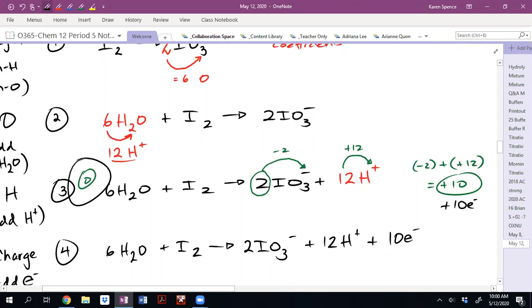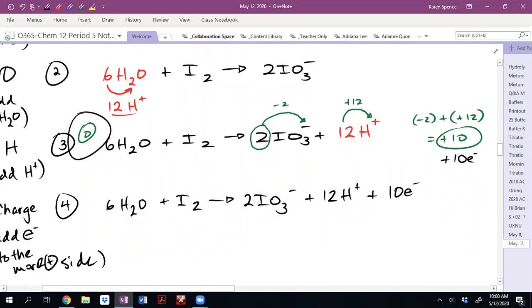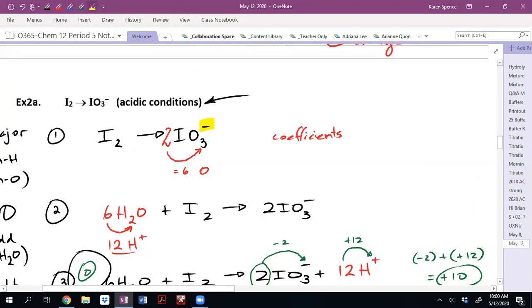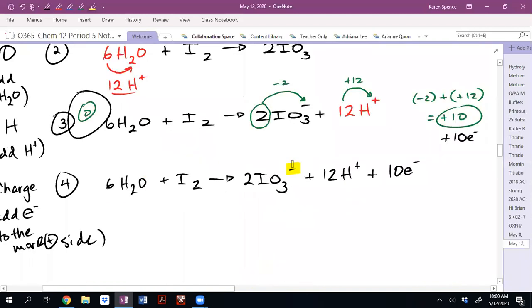And you can check afterwards. It's always a good idea to check because it's so easy to make stupid little mistakes. For example, if I had left off this little charge here, I would get to the end and things wouldn't quite work out. Things would just be wrong at some point, and I'd be like, oh dear, go back and check your question. Do I still have my charge? Go through and count.